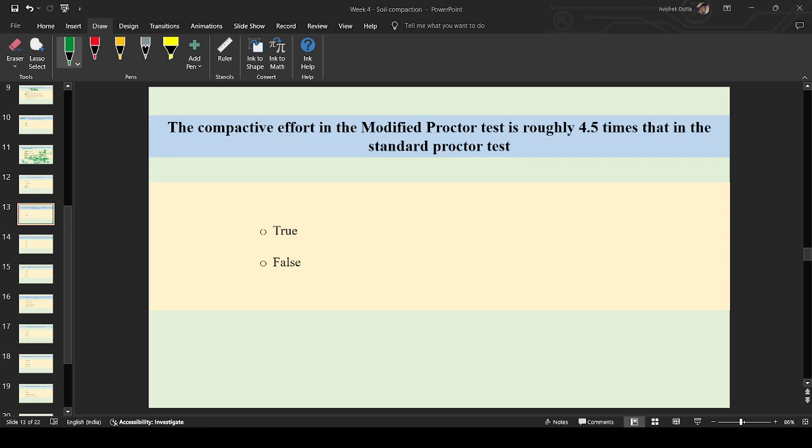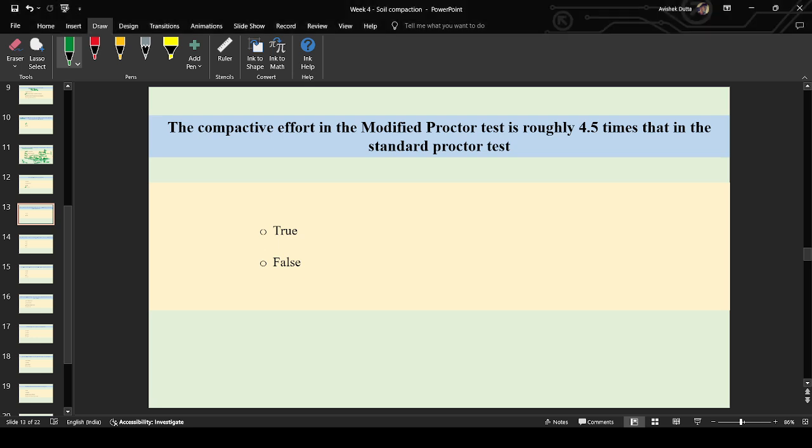Compactive effort in the modified Proctor test is roughly 4.5 times that in the standard Proctor test. What is the answer? True. Someone said true.